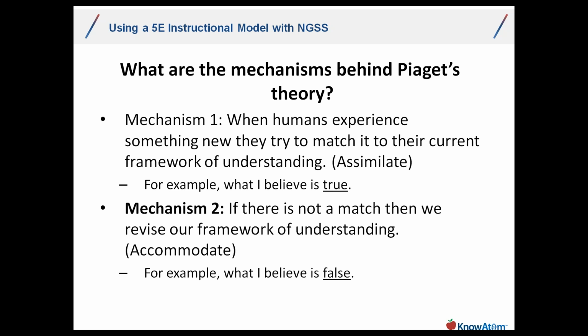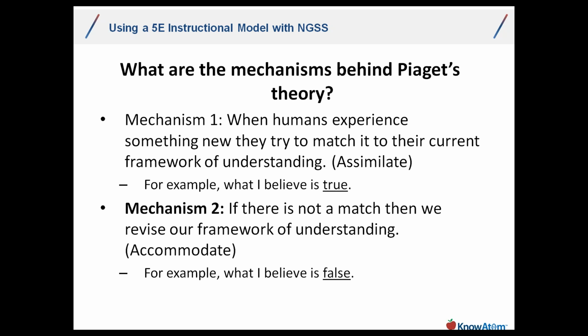Another mechanism, though, is that if something I encounter does not match what I know, then I have to accommodate it. I have to change my framework in some way. And this is what children do. If they encounter something like the hot coffee example, what I thought was hot wasn't really hot. It's actually hotter than I was expecting.